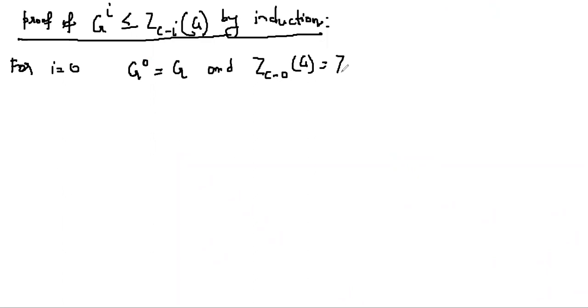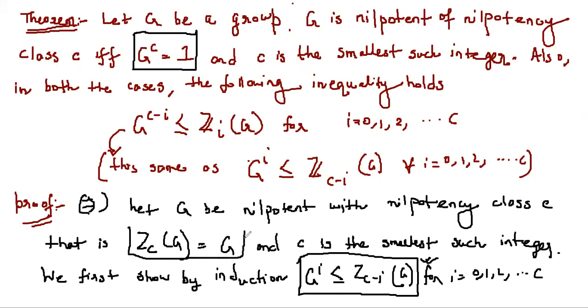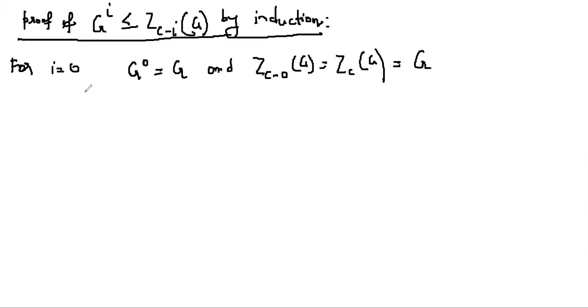This is just Z_C(G), which is what we just saw, that is also G. So this is also G. Hence G naught is a subgroup of Z_{C-0}(G). So for i equal to 0, it is over.